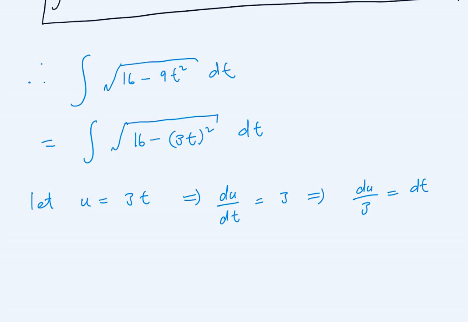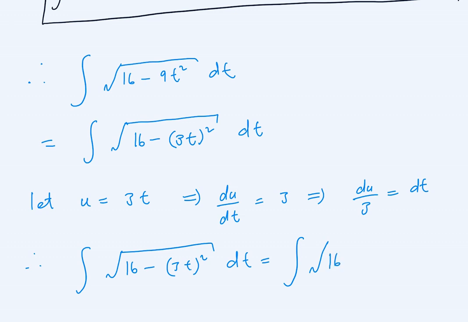Now you're going to substitute into the integral. The integral of the square root of 16 minus 3t squared with respect to t is now equal to the integral of the square root of 16 minus, in place of 3t, now you put u, so we have u squared, and in place of dt, you put du over 3.